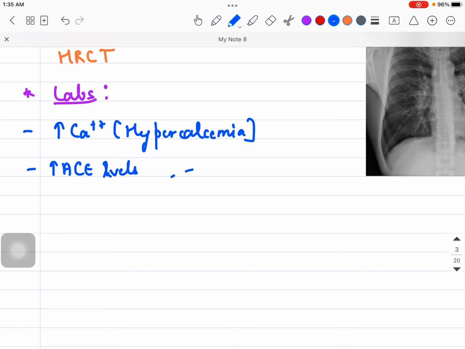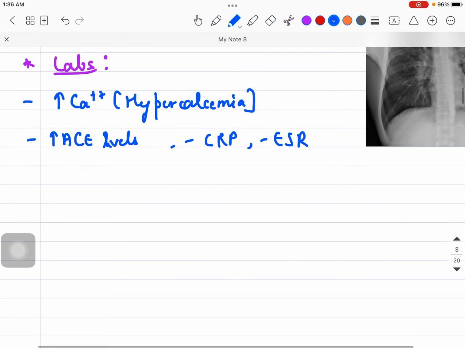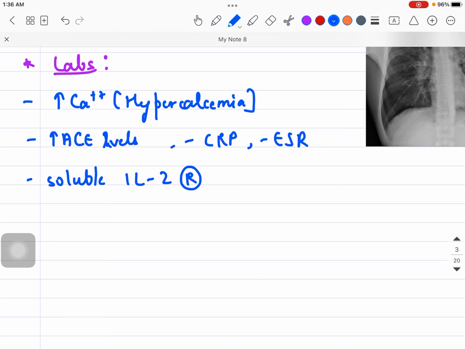Inflammatory markers, for example CRP and ESR, can be elevated, but these are very vague. Mainly the calcium, hypercalcemia, hypercalciuria, and ACE levels can be increased, right? In some cases, you can see the soluble interleukin 2 receptors might be hyperactivated.